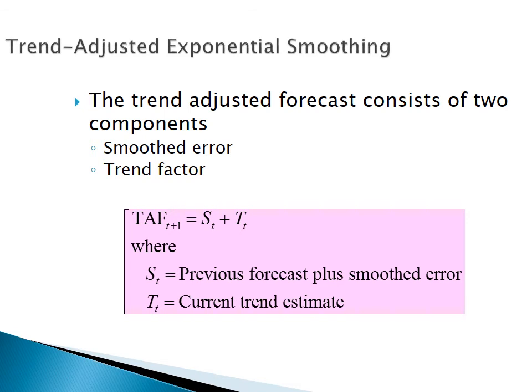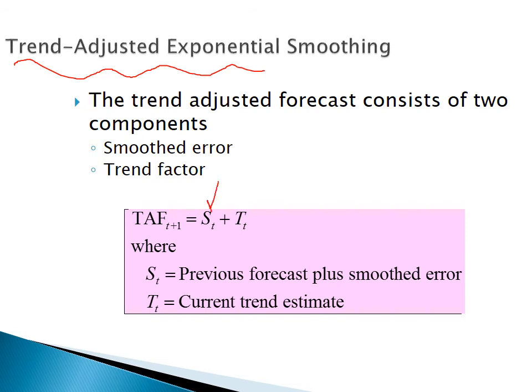Now, trend adjusted exponential smoothing. What happens in this model is there is the trend along with a forecasted value.